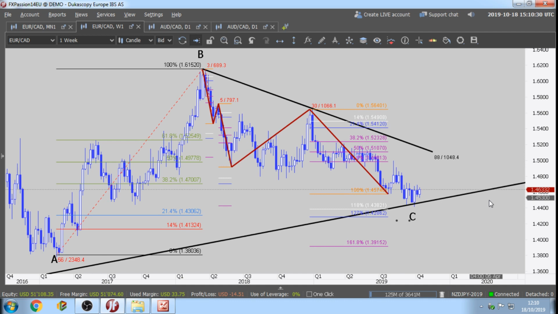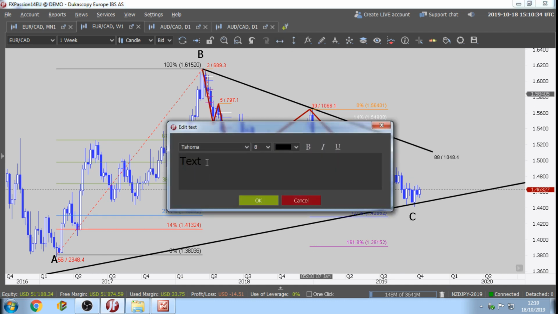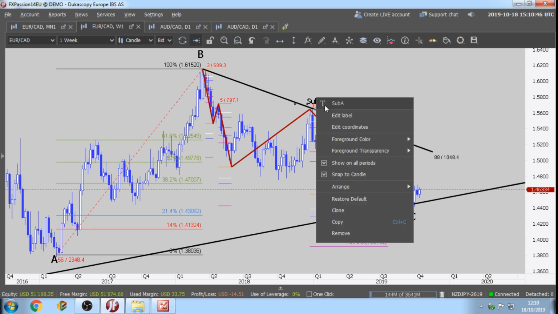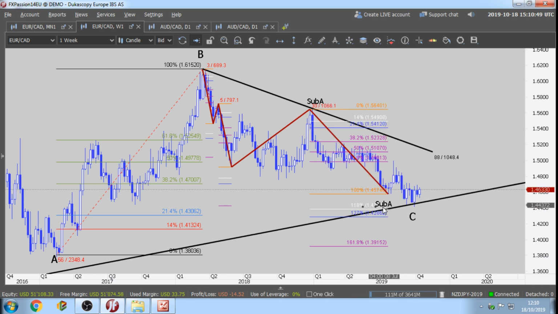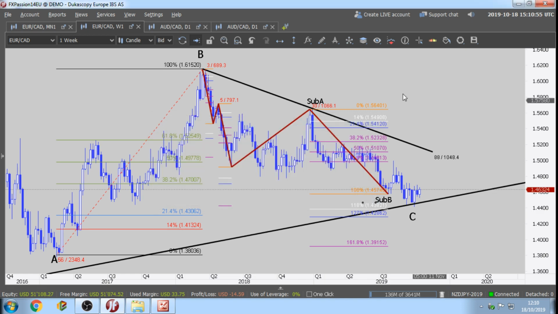Is our C confirmed? What else can we do? We can draw, right? We can write. So we have the sub 18 scale. Okay, sub A is up in here, and clone. We have the sub B down here.